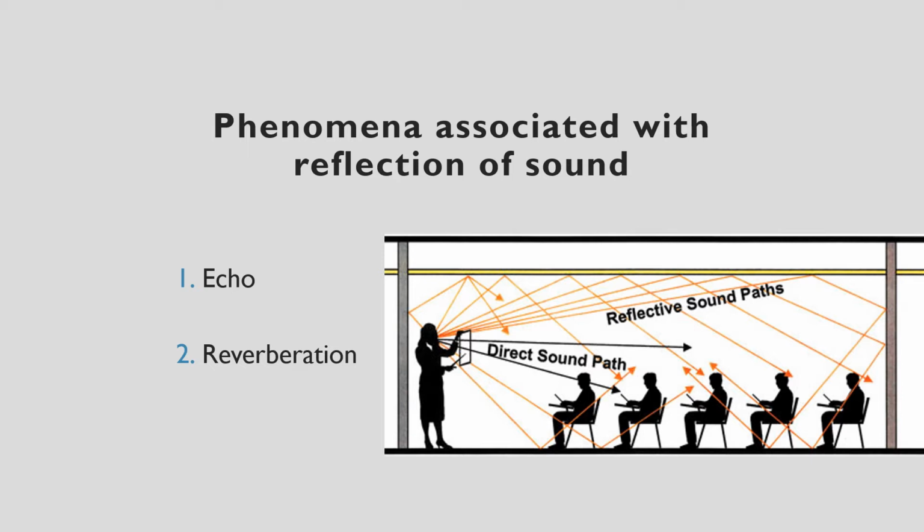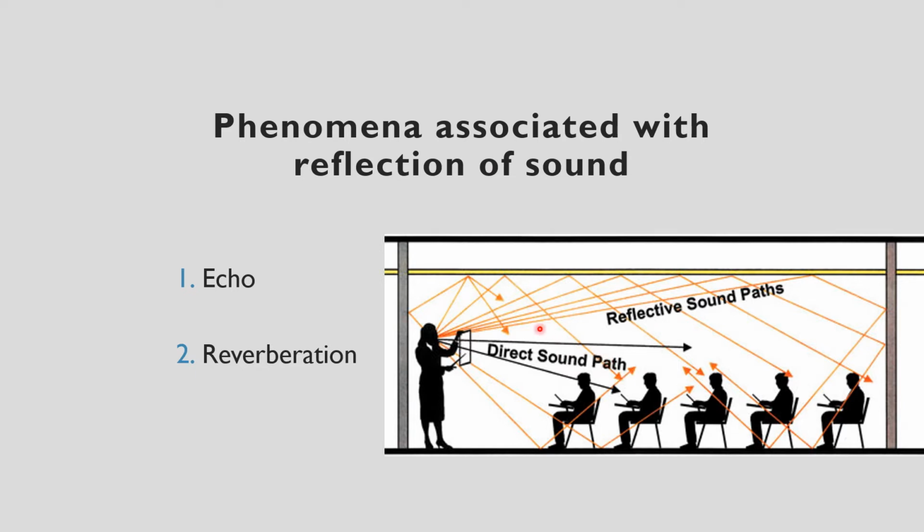So here in this diagram, you will clearly see that there's a teacher and there are a few students. The black arrows show how the sound of the teacher travels directly to the students, and the orange waves show how the sound of the teacher hits the surfaces of the room and is reflected and comes to the students.